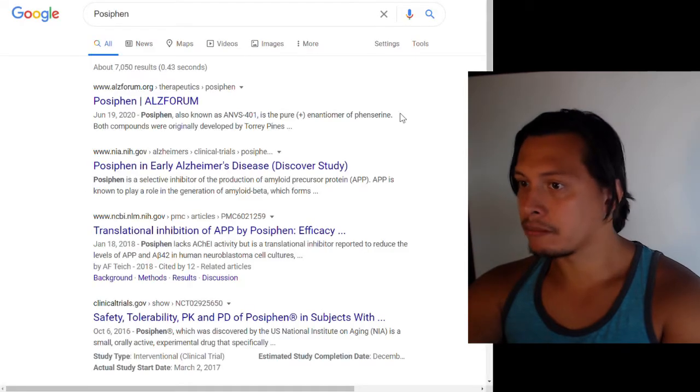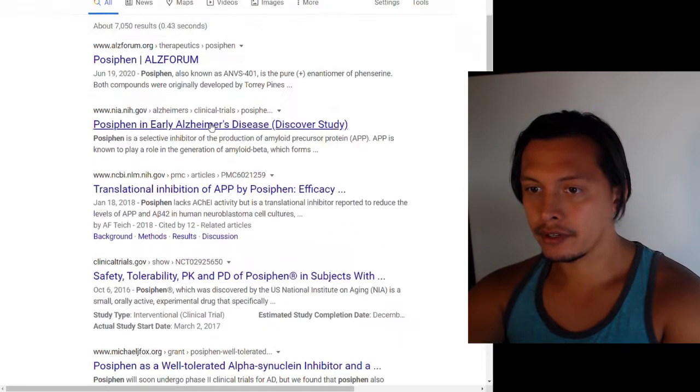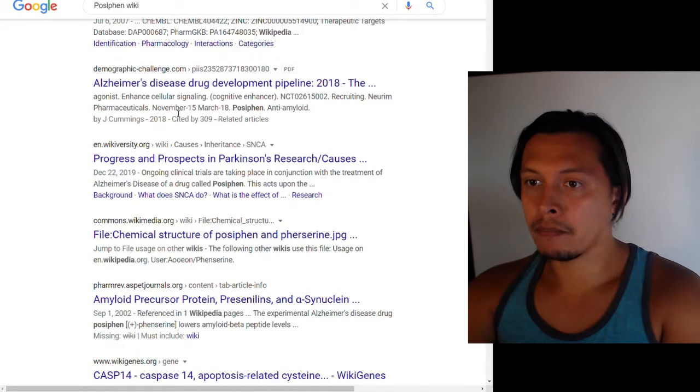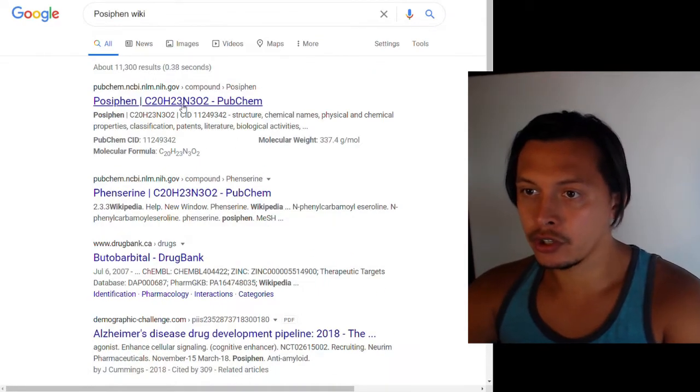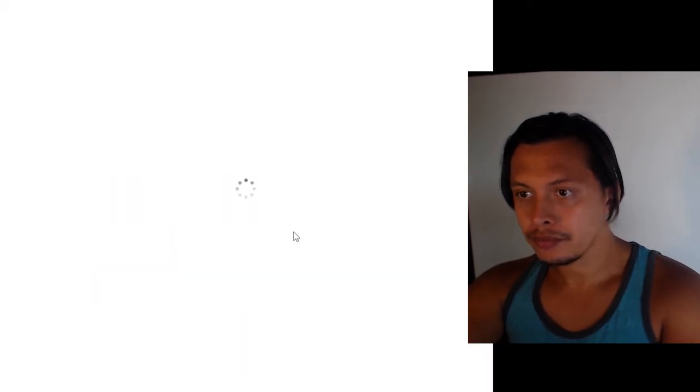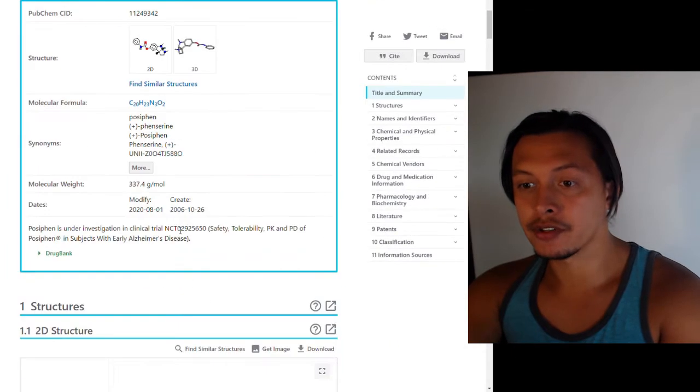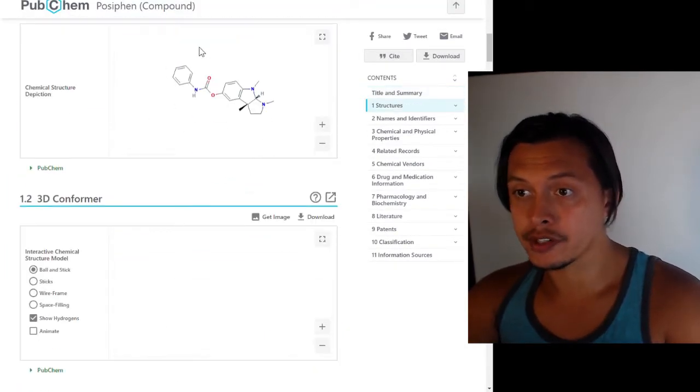So let's look that up. Apparently there isn't a Wikipedia article on it, but this is Posifen, just so that we are aware. So this is the structure that it has.